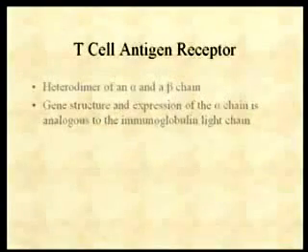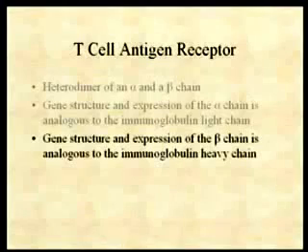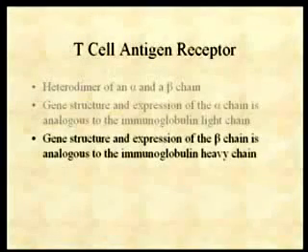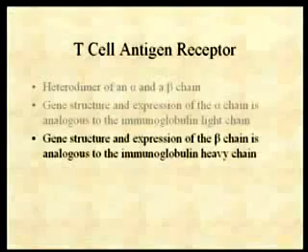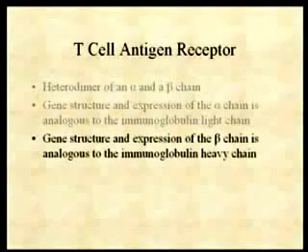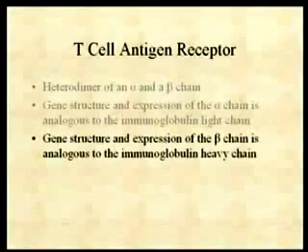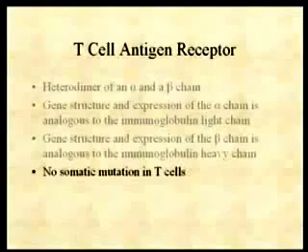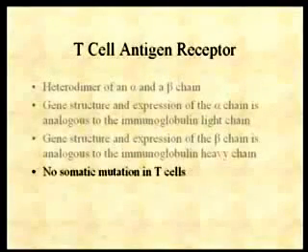The gene structure for the beta chain is like the heavy chain. In other words, it has V's, D's, and J's, and it does the same thing that the heavy chains do. So everything I just told you about the immunoglobulin heavy chain also applies to the T cell receptor genes, with one exception: there's no somatic mutation in T cells. Okay?